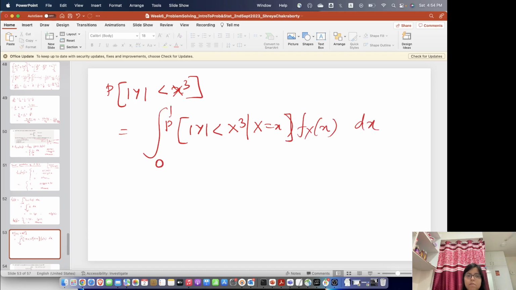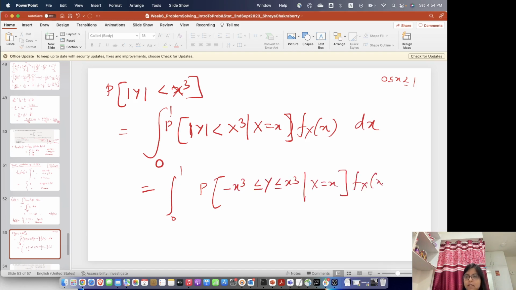X was from 0 to 1. So that is the integral from 0 to 1 of the probability that minus x cube is less than or equal to y less than or equal to x cube given X equal to x, times f_X(x) dx.